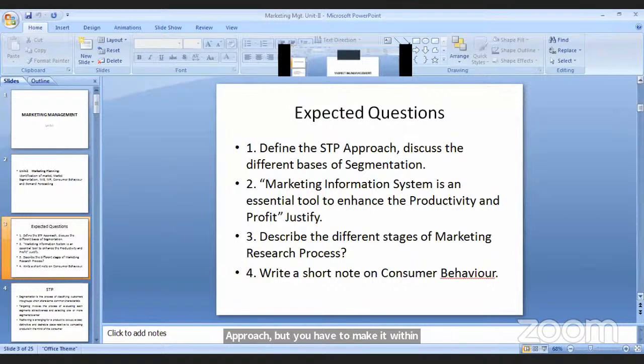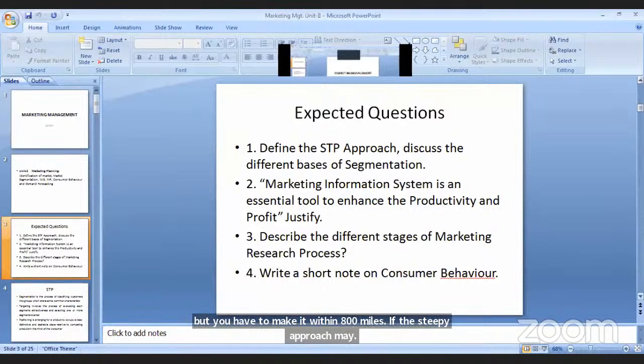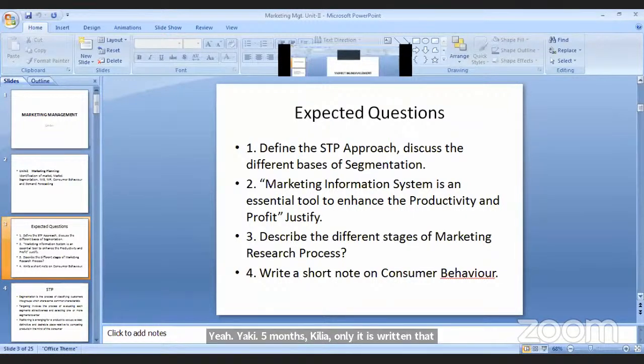If the STP approach came for 5 marks and it is only written to discuss STP approach, then you have to limit your answer within 500 words. For the same question in 12 marks, you have to elaborate what is segmentation, what is targeting, what is positioning, then elaborate the basis of segmentation and how to position the products in the market.